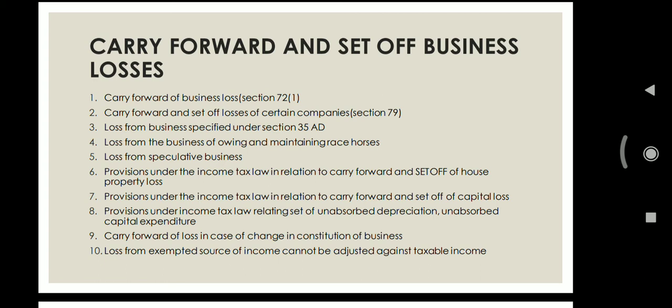The main point to be noted is that business loss can be carried forward over 8 subsequent assessment years and set off wherever profits are available, provided the same business is continued for which the loss was originally computed.